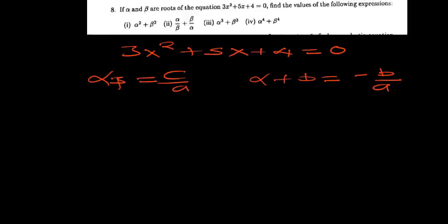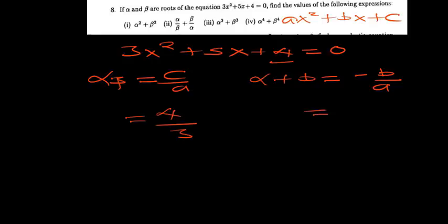So you notice that the form of the quadratic function is actually ax squared plus bx plus c. If you look at the given equation, which one is c? c is 4, right? So the product becomes 4. Our a is 3. Alpha plus beta is negative b, negative 5 over 3. So this is basically what we have.